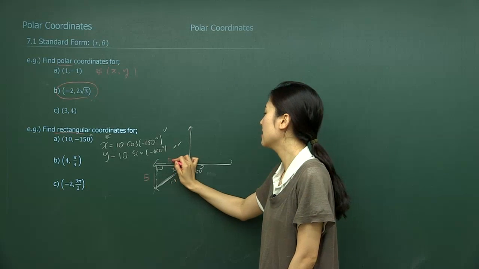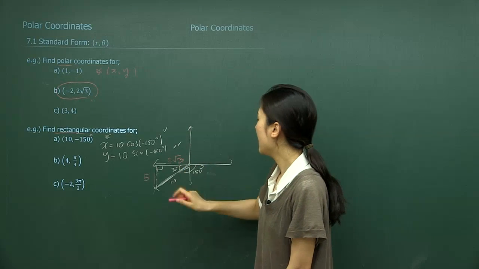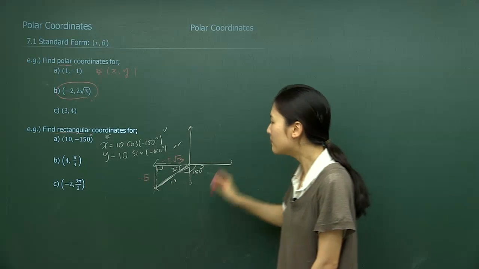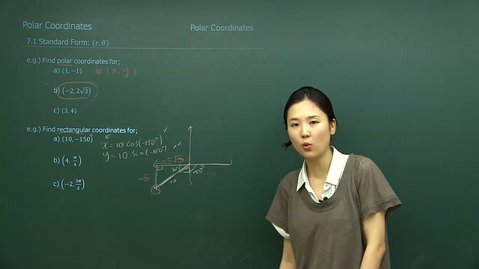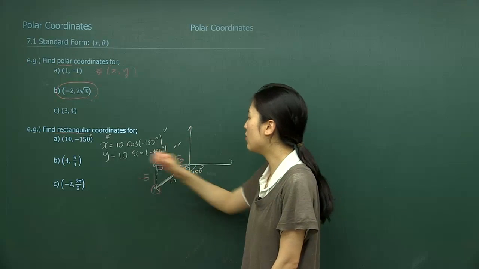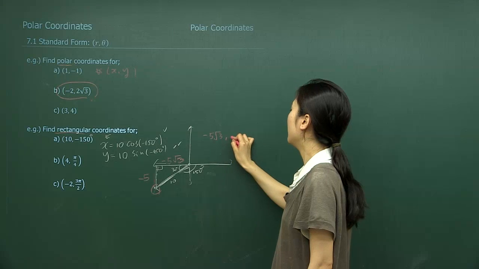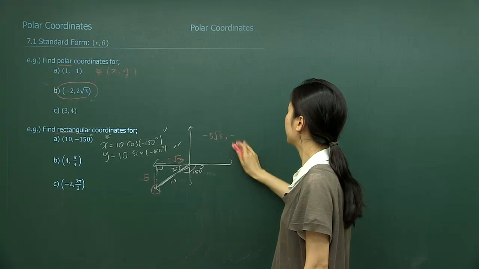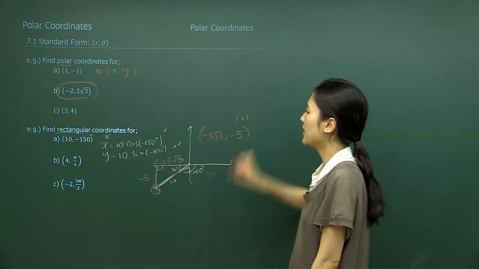Hence, this is square root of 3 times 5, and this is negative, and that's negative for obvious reason, right? The position of the point lies in the third quadrant where both x and y are negative. So either you do it this way or this way, you do get negative 5 root 3 comma negative 5. That's your x and y for question A.